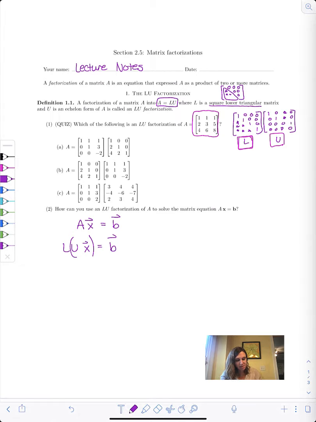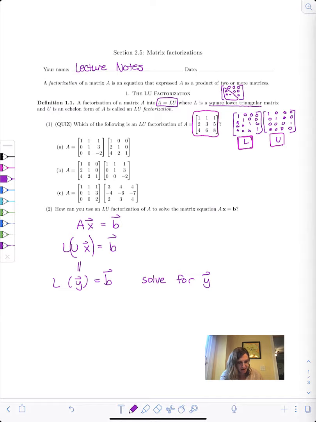Instead of solving AX equals B, which we would typically do with an augmented matrix, we can solve L times something, we'll call it Y, where Y is our UX, equals B. And so we solve for Y. That's easier to do because L has a bunch of zeros. Just like last time, zeros are our friends. Zeros help us work with matrices more easily.